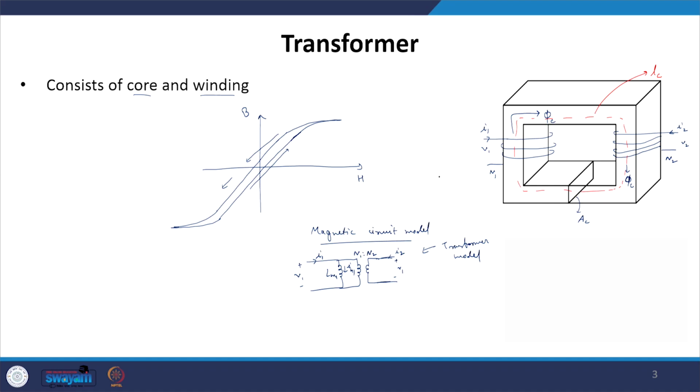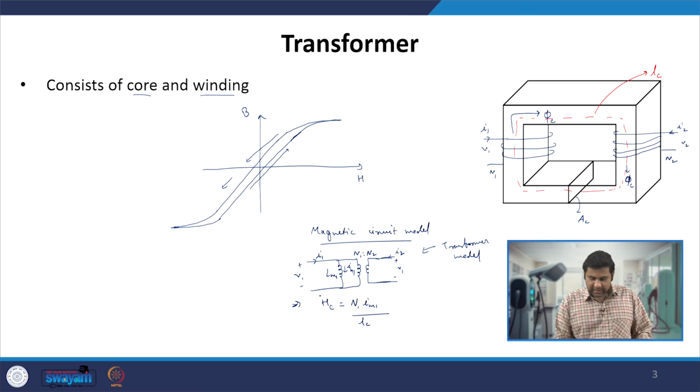Then from this particular circuit model we can define the magnetic field generated inside the core to be nothing but N1, the number of turns, times the current going through the magnetizing inductance, divided by Lc, which is the magnetic length in the core.